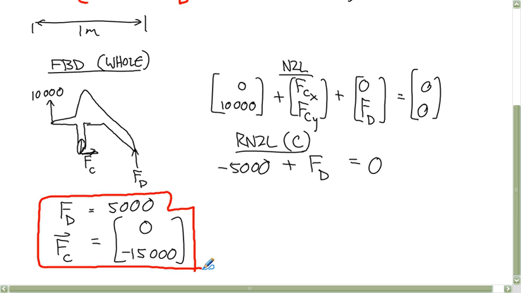Okay. And then let's go on to member 1. We have the negative 15,000 here, right? There's a bunch of ways you could write that, like this.